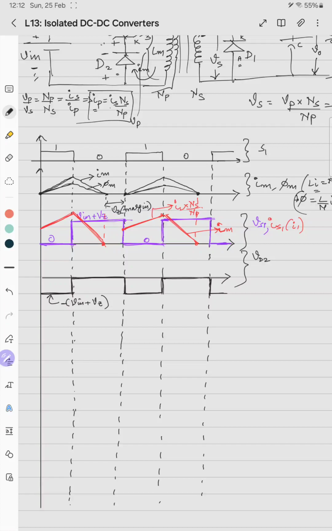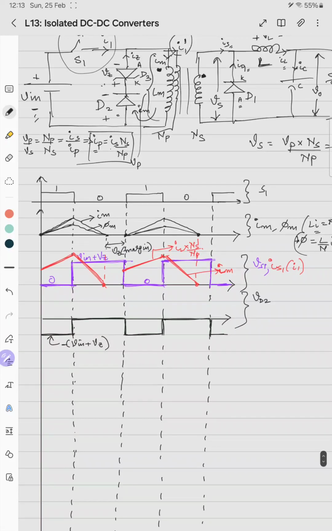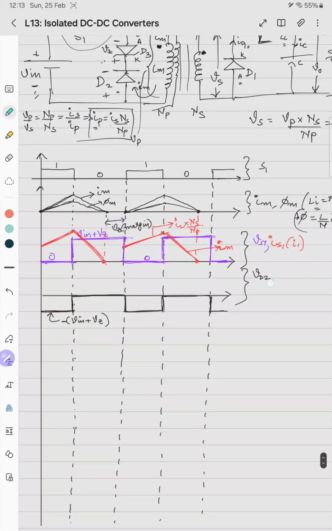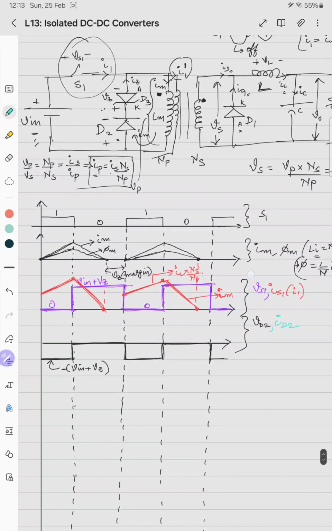VD2 is V from anode to cathode. This we are drawing. When the diode is reverse biased, the current through it is 0. Comma ID2. The diode is reverse biased, the current through it is 0.